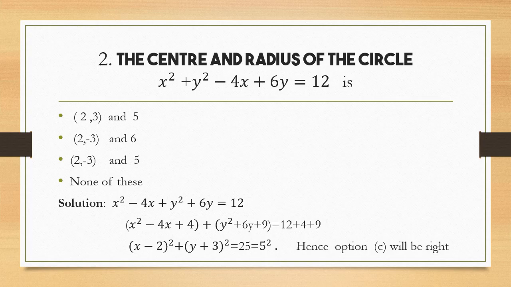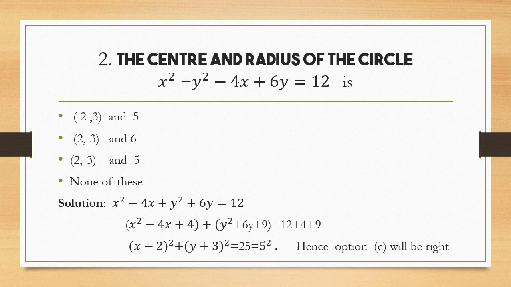So what we will do first is write the given equation as it is, and in the next stage we will complete the square. We all studied completing the square in previous classes. So first of all, I will make x square minus 4x one side, y square plus 6y one side, and I have kept 12 as it is. See, when you see this x square minus 4x, it almost looks like a square minus 2ab.